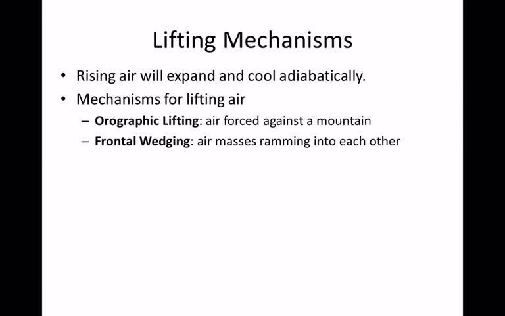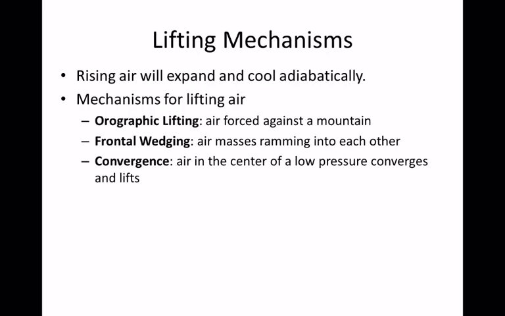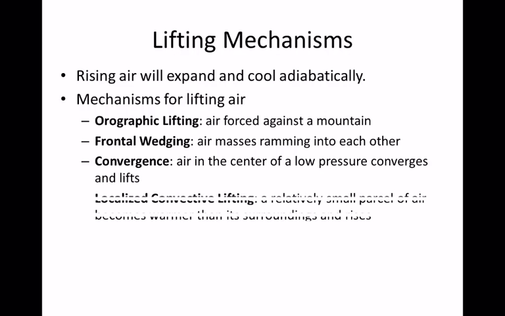The next one, and we'll talk more about weather fronts, is cold air. You probably figure cold air is more dense than warm air, so that's actually a way to get air to rise. Convergence is basically where you have air meeting up at one point and lifting where it meets.